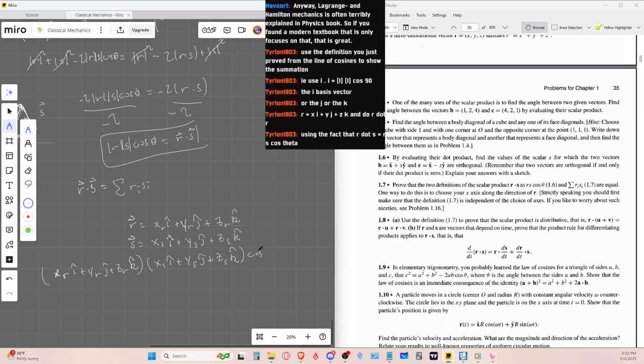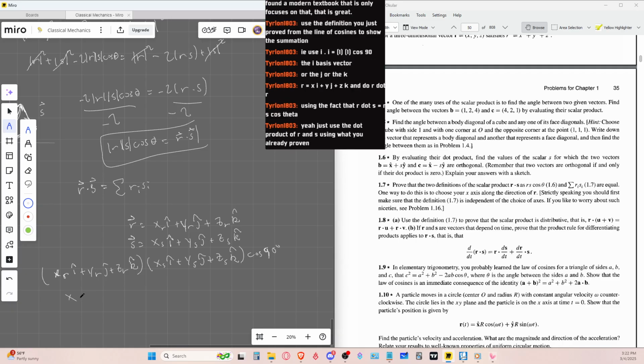And we're assuming that basically it's 90 degrees for cosine, so then we have to multiply all these together. Oh yeah, and the hats will cancel because they're dots.